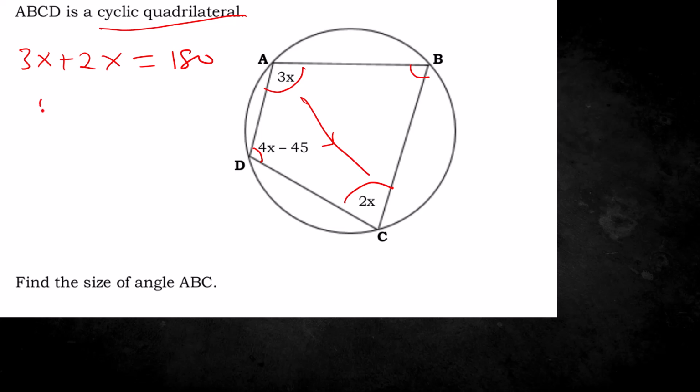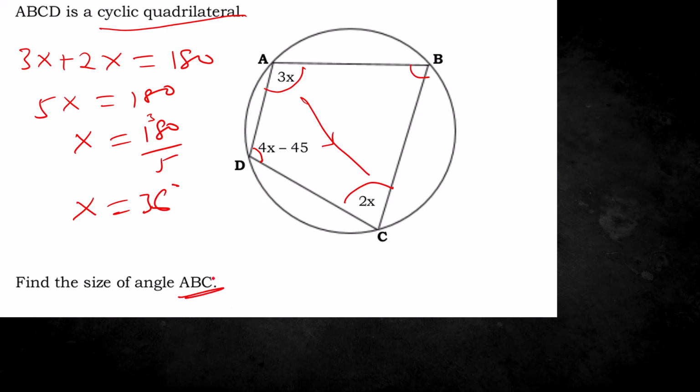So 5x is 180, x is 180 over 5, which is 36. So x is 36. But the question says we should find ABC.